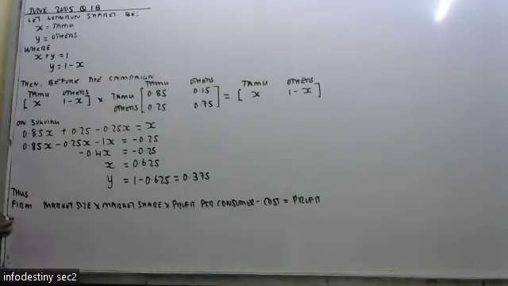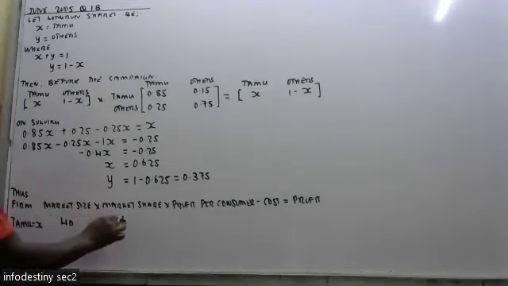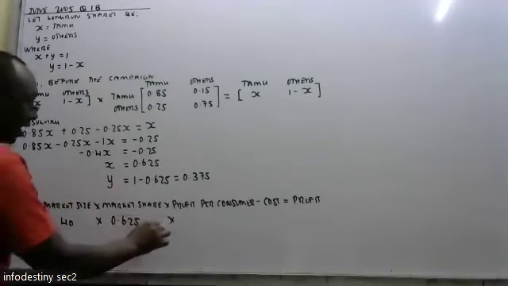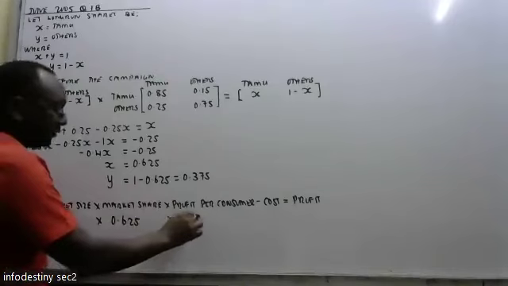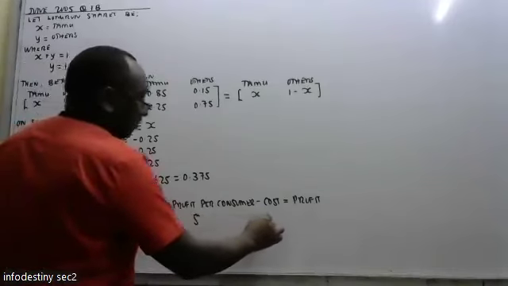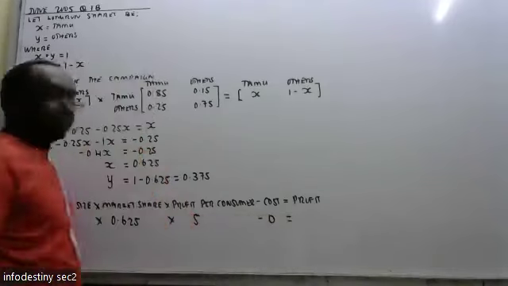If we start with Tamu, and remember Tamu was represented by X, the market size is 40 million customers, X is 0.625, and the profit per customer is 5.